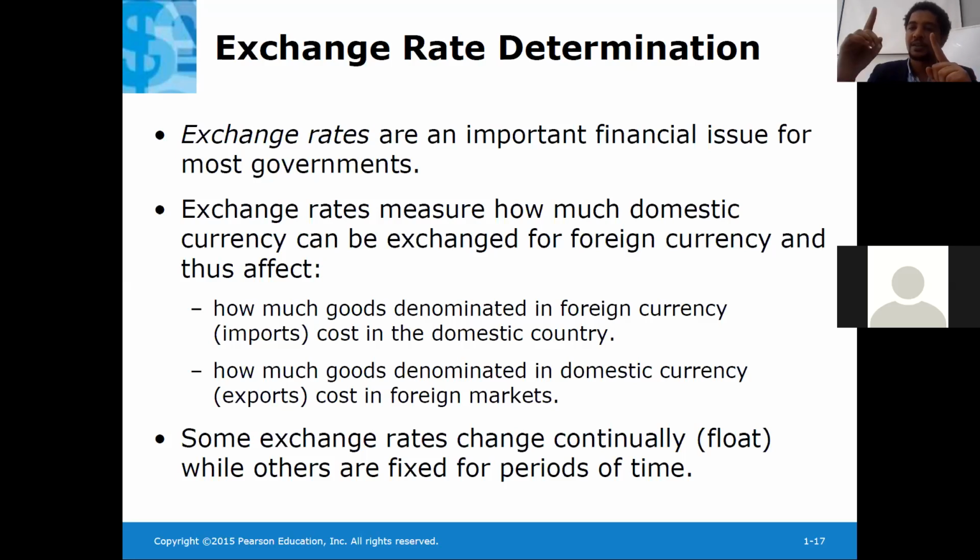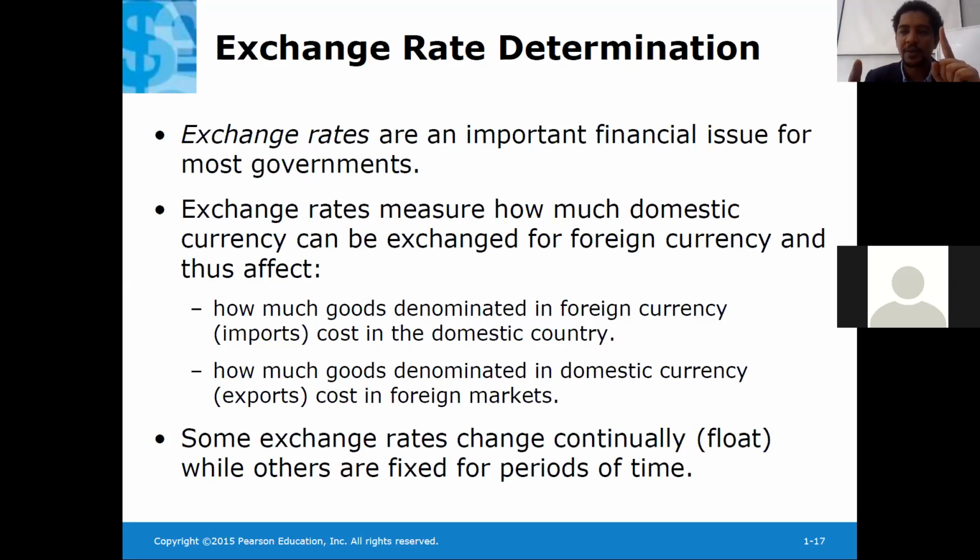So when the exchange rate increases, like as I've said, $1 of the US dollar is equal to 1,500 Korean won. It's higher, right?